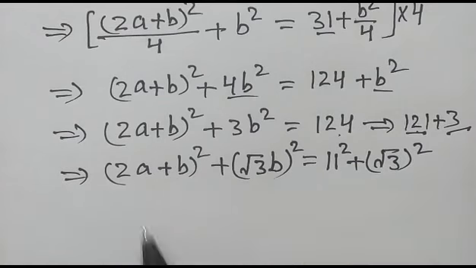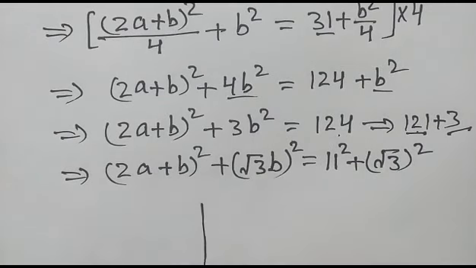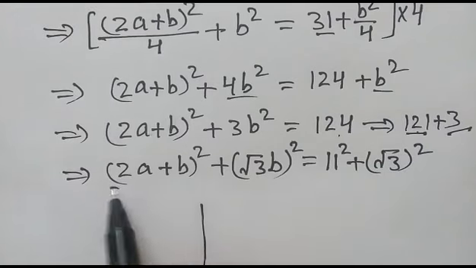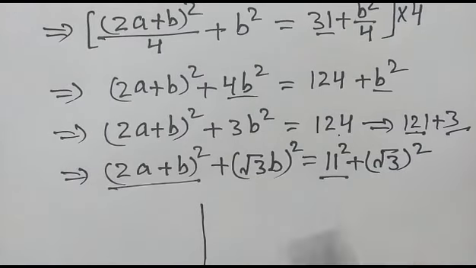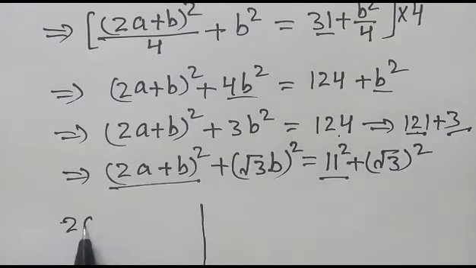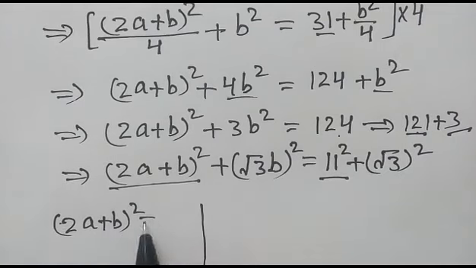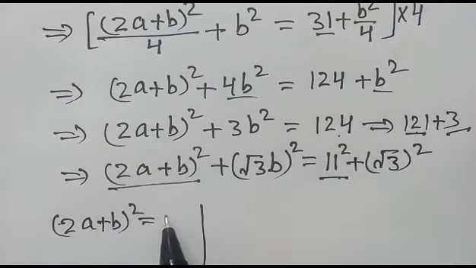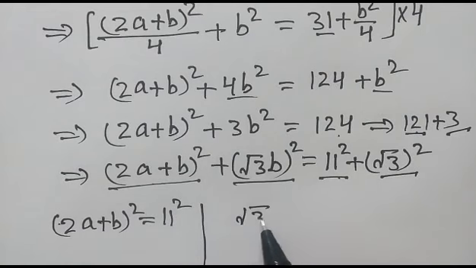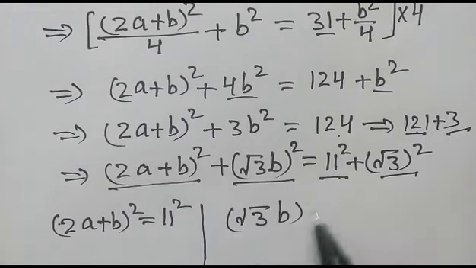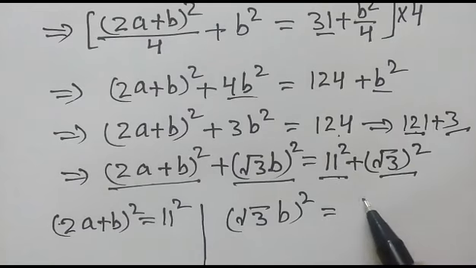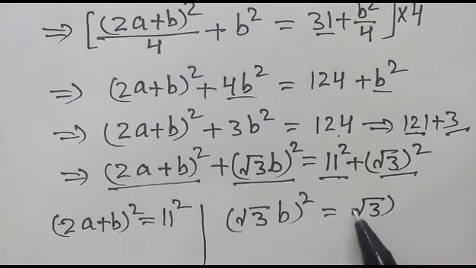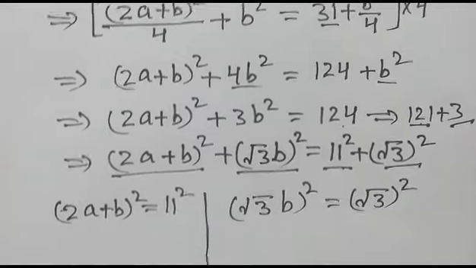Now we can say this part, (2a plus b) whole square, is equal to 11 square, right? And this, square root of 3 into b whole square, is equal to square root of 3 whole square, right?